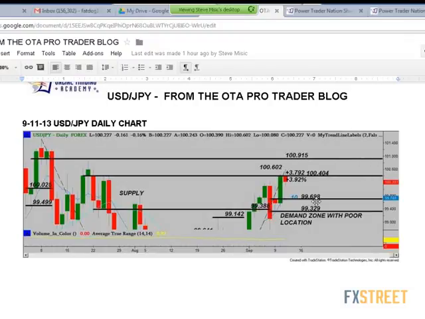What percentage of the correlation between the Nikkei and the dollar-yen pair? Well, I've noticed that they pretty much move in lockstep, actually. If you look at the charts, a lot of times they'll both come into supply levels and demand levels at the same time.